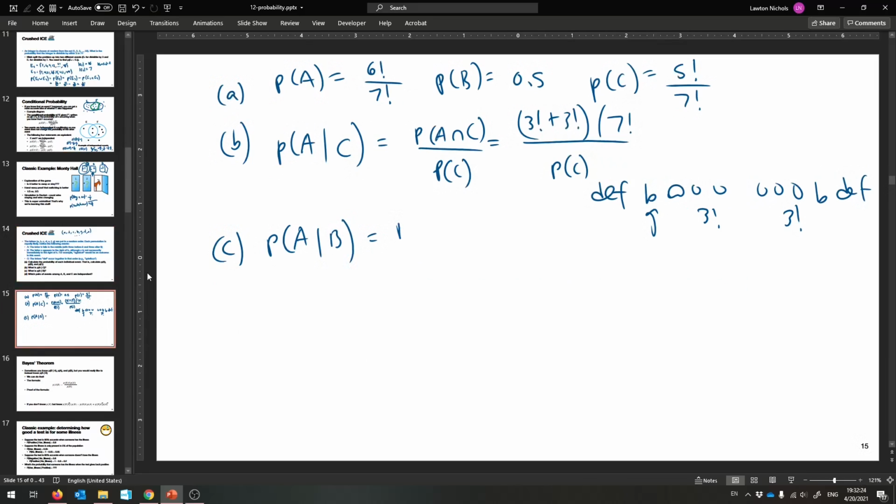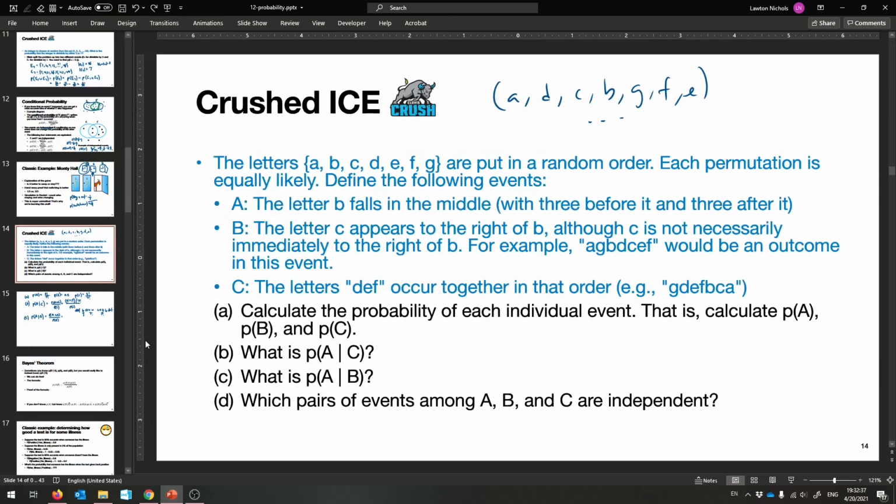We need to know the probability of A intersect B over the probability of B. So the probability of B, again, we know. We need to figure out how often the events A and B happen together. So let's do it.